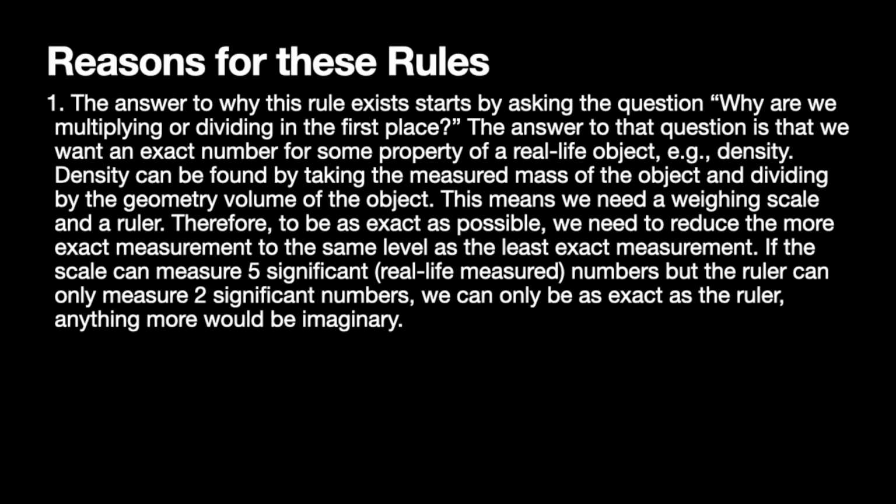This means we need a weighing scale and a ruler. Therefore, to be as exact as possible, we need to reduce the most exact measurement to the same level as the least exact measurement. If the scale can measure 5 significant, real-life measured numbers, but the ruler can only measure 2 significant numbers, we can only be as exact as the ruler. Anything more would be imaginary.